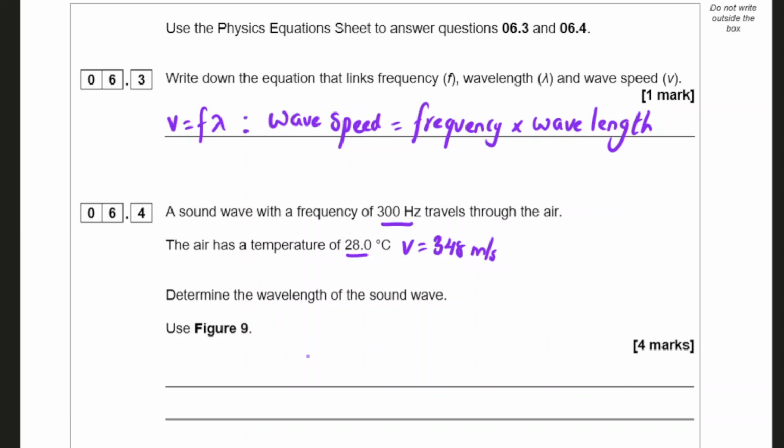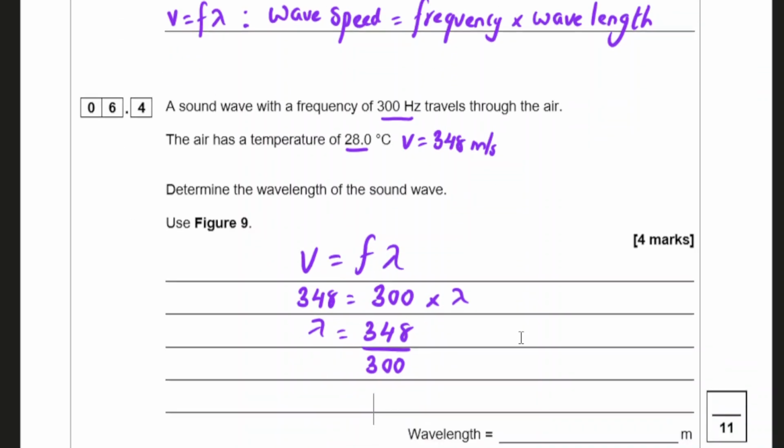So determine the wavelength. Wave speed equals the frequency multiplied by the wavelength. So the wave speed is 348 equals the frequency, 300, multiplied by the wavelength. The wavelength, if you rearrange it, divide both sides by 300, which means 348 divided by 300.